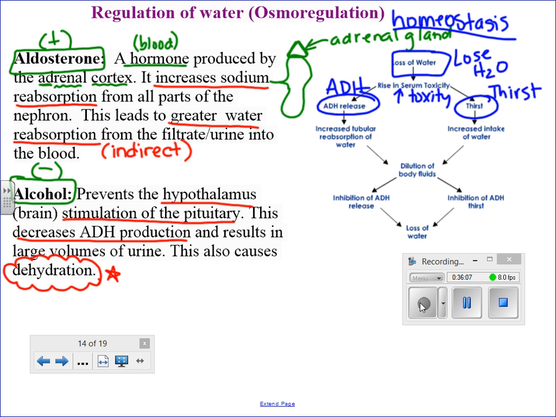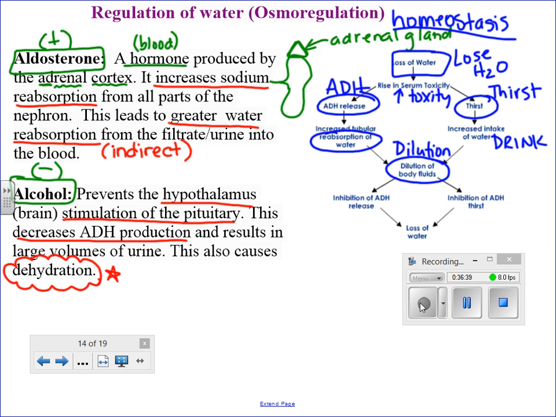So ADH is not the only thing that's going to help you have the correct amount of water in your body. If you lose water, your body will make you feel thirsty. So you will drink water and you will reabsorb water. So you'll take back water from your urine and you'll add more water to your body. The result of this is dilution.